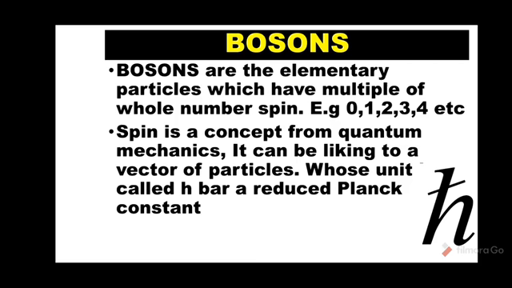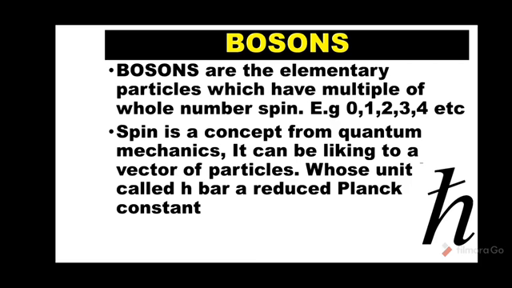remember when we talked about fermions, we said that fermions have half integer spin, but here in bosons, these are the elementary particles which have multiples of whole number spin. For example, we have 0 h bar, 1 h bar, 2 h bar, 3 h bar, or 4 h bar.